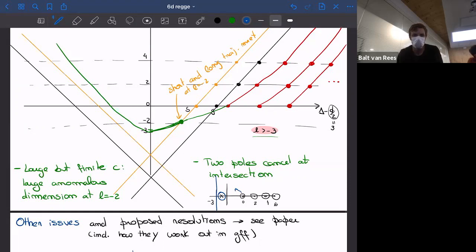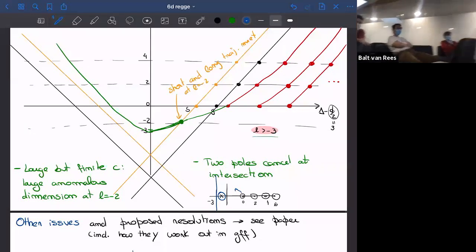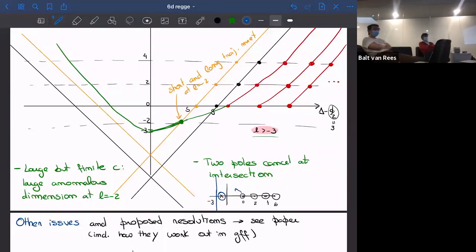I have a question. I was wondering if this procedure works nicely, at least for large C, and maybe even for all C. Could you imagine that you can actually show that this procedure converges?